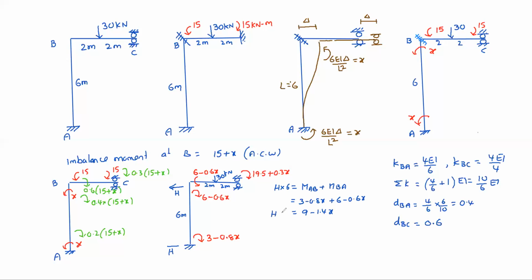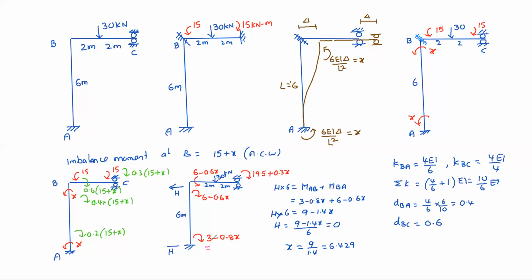So H into 6, but H equal to 0. That means H equal to 9 minus 1.4X by 6, which must be 0, which gives X equal to 9 by 1.4, which is equal to 6.429. X equal to 6.429. So now the final moments will be like this.